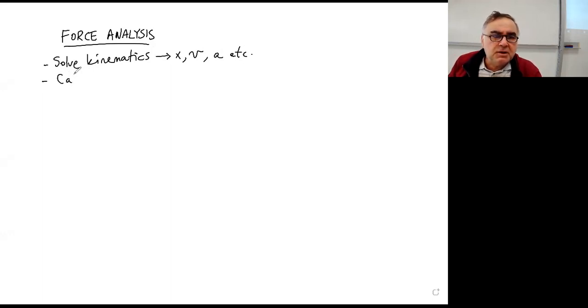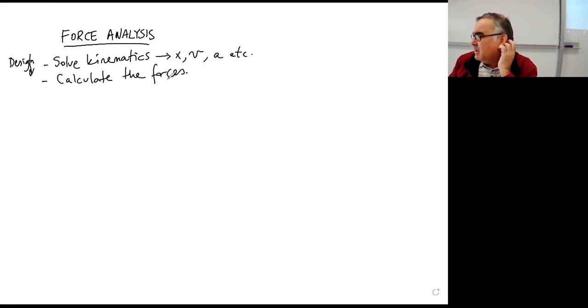Then you have to calculate the forces. Let's say this is the design procedure. You can now calculate the forces after solving the kinematics if the external forces are given.